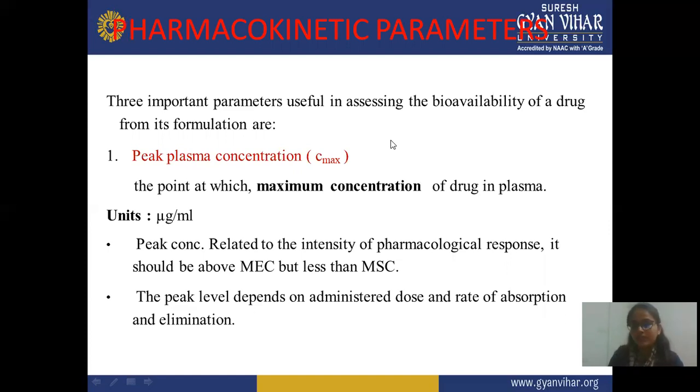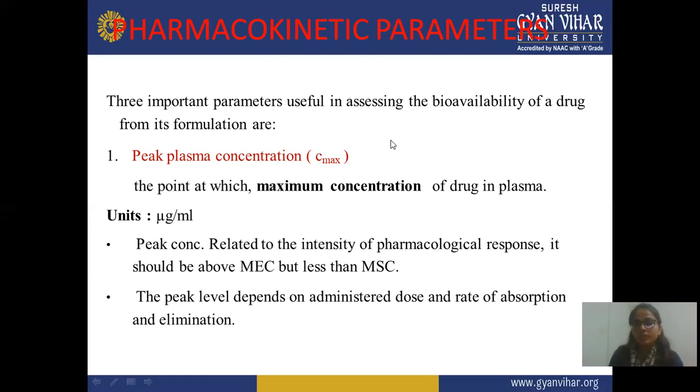First is the peak plasma concentration, also known as Cmax. It is the point at which the maximum concentration of a drug is observed, with the unit being micrograms per ml or mg per ml.